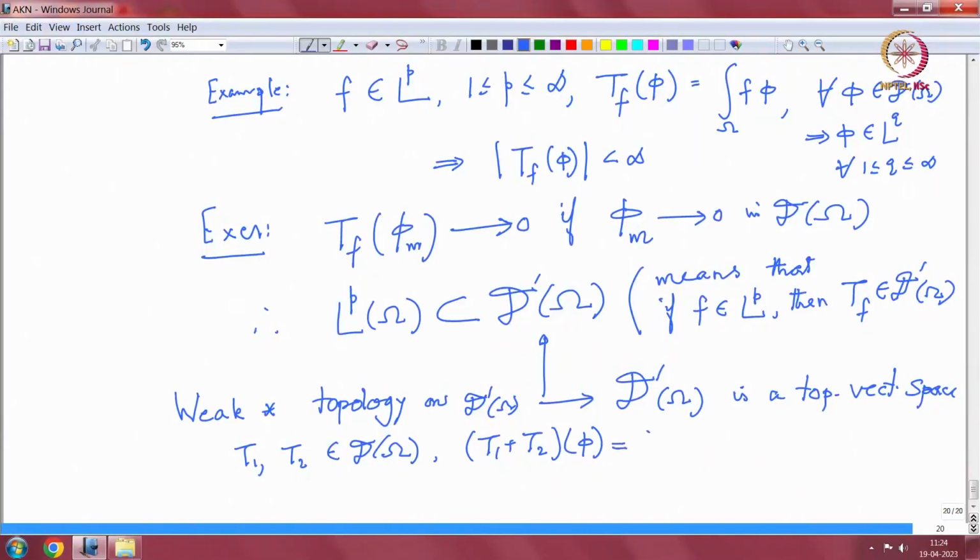So, it is important to make your spaces: what kind of convergence, what kind of algebraic structure, what kind of geometric structure, and how you combine them should go together. That will make you the topological vector spaces. So, (T1 plus T2) of phi is equal to T1 of phi plus T2 of phi, and T1 of alpha phi is equal to alpha T1 of phi.